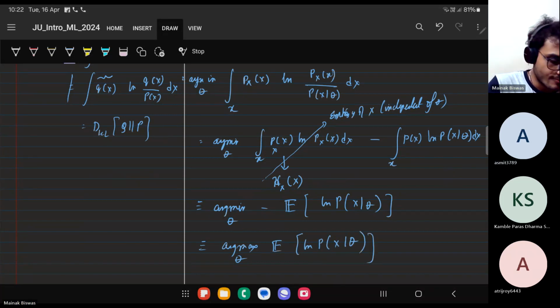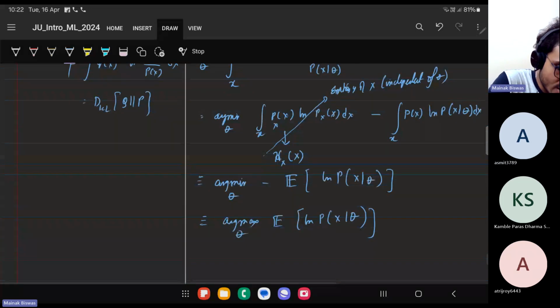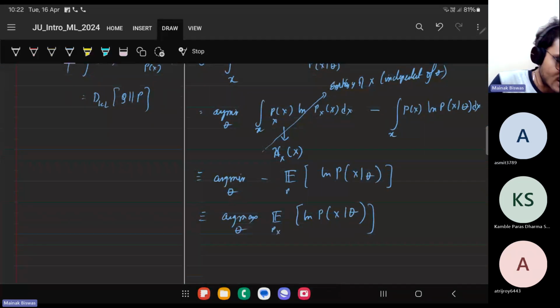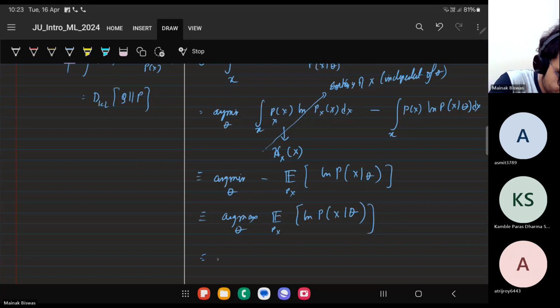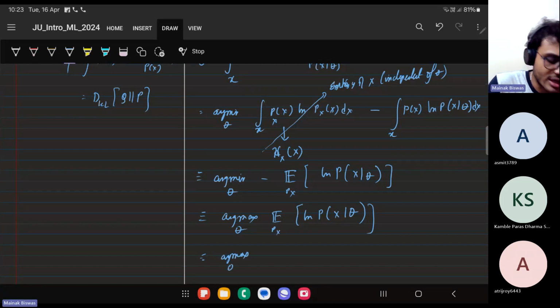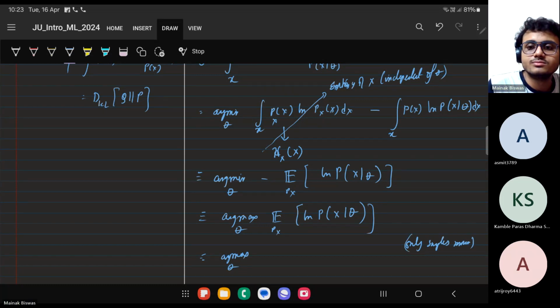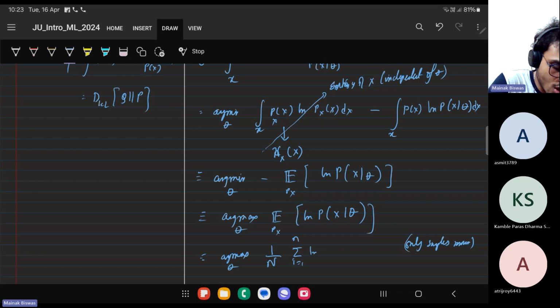Yes. So now I do not know the expectation, right? The expectation is over the data distribution. So how will I compute it? I do not know the actual value. What do I know? Samples from the distribution, right? Only samples are known. So how will I calculate it? 1 by n summation over i equal to 1 to n of log of p of x i given theta.